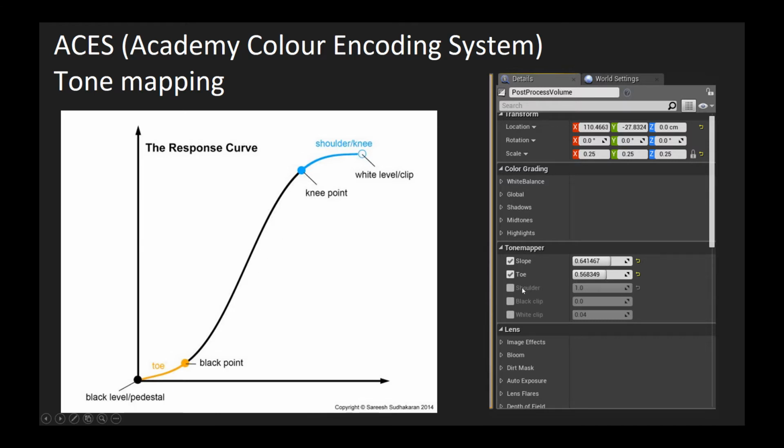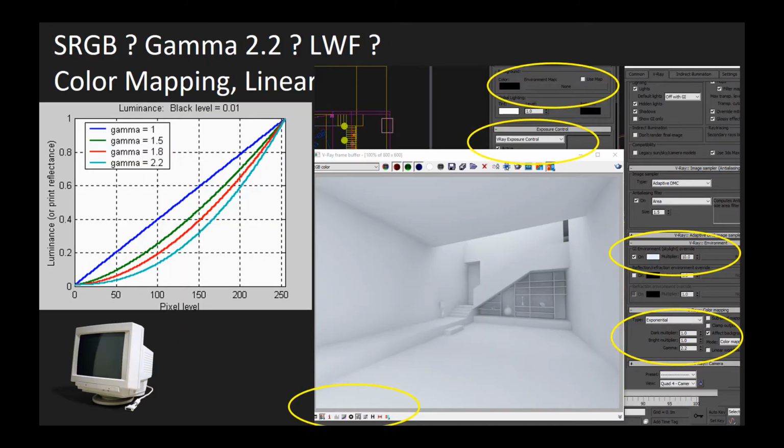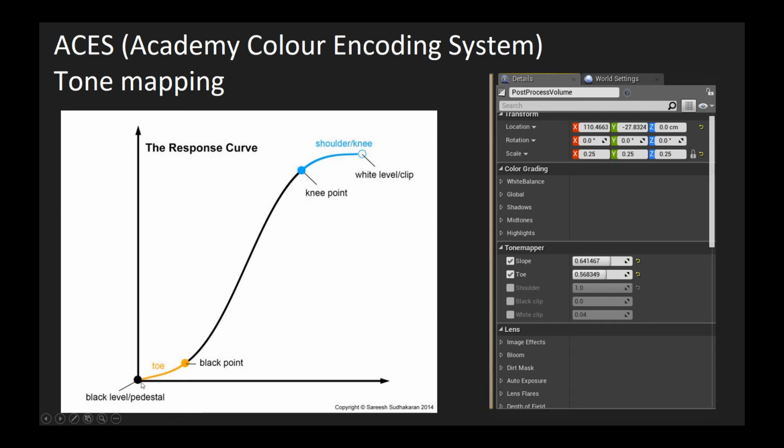Slope, toe, shoulder. I had no idea what that was when I saw it, so here is what that is. That gamma curve has become our S curve that we would probably use if we were doing color correction in Photoshop, especially to change contrast and things like that.